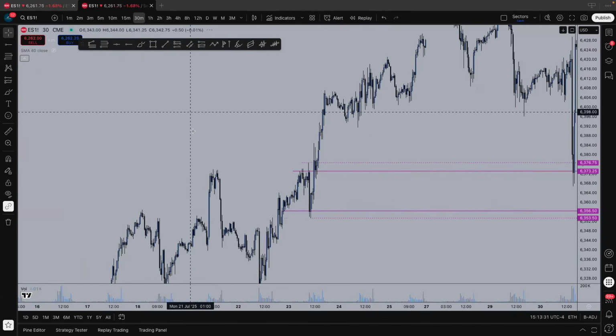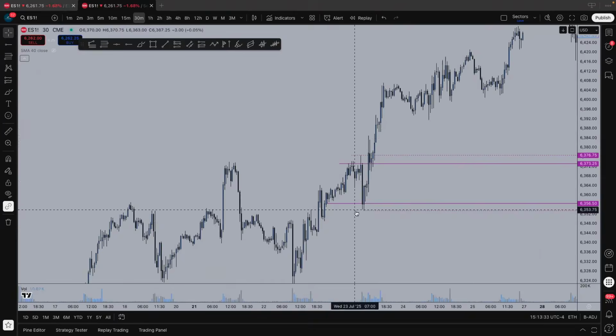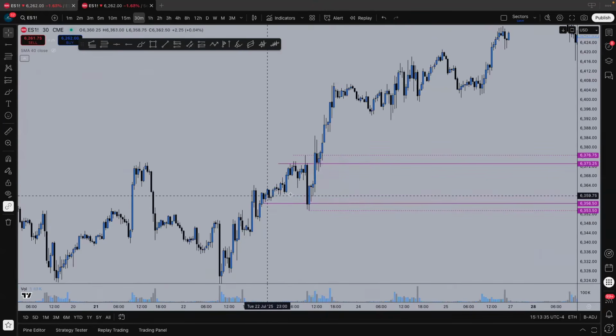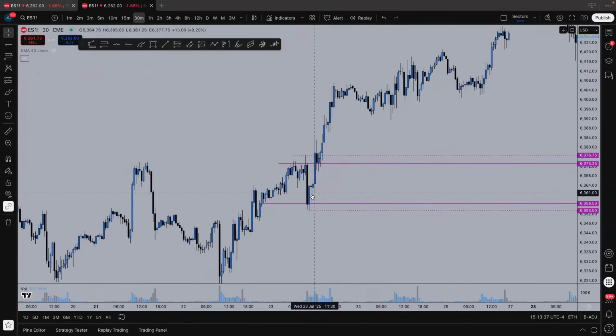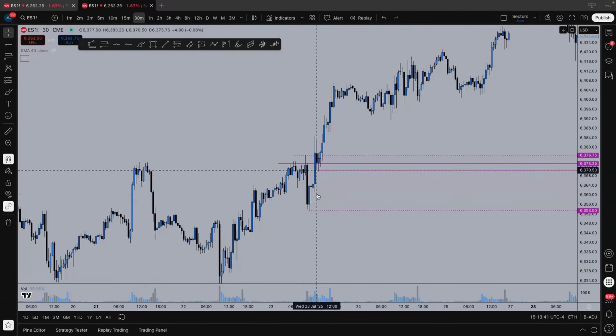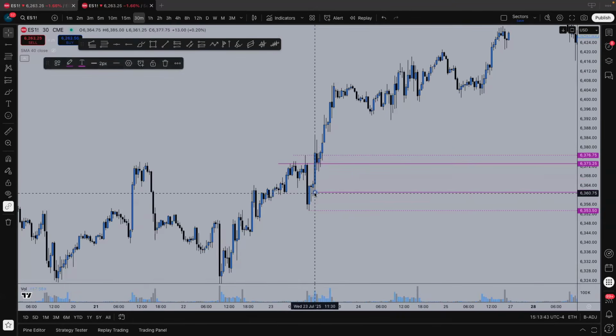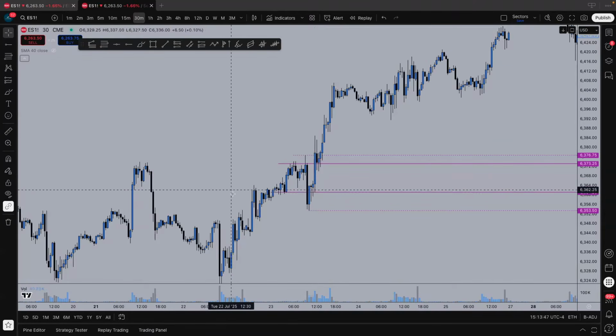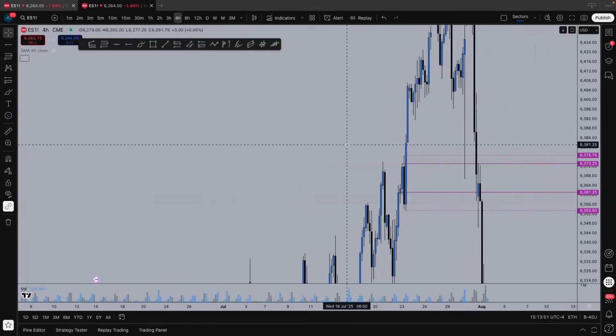I'm pretty content with where that is. The only thing I see in here is that we have wick, wick, and these three wicks over here. So what I might do is put it on the highest of those three and cut this across, which catches that whole range. What does that now look like on the H4?